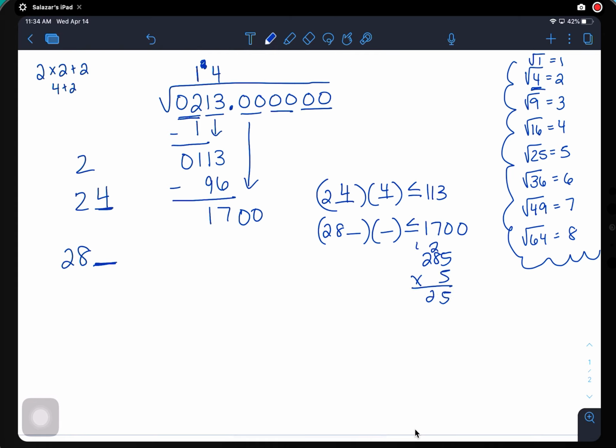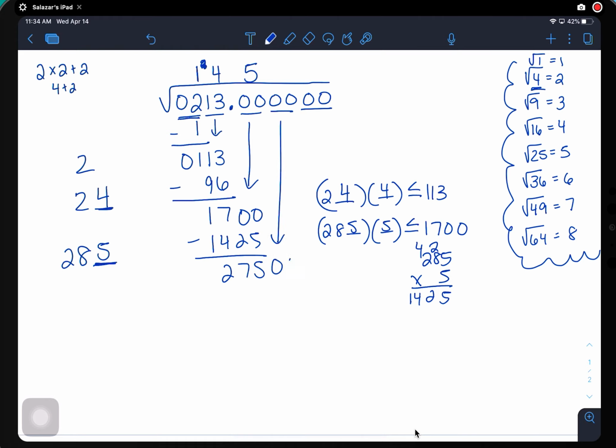I would use a calculator if I were you. That's close. 286 would definitely be too much for that. So I'm going to start there. So 5 is my new magic number. And 285 times that 5 is 1425. I subtract and I get 275, and I start again.